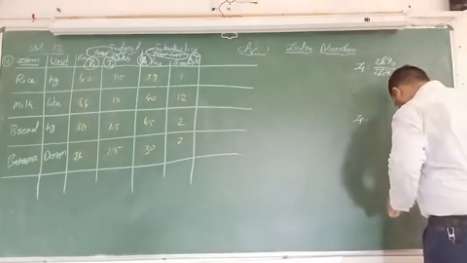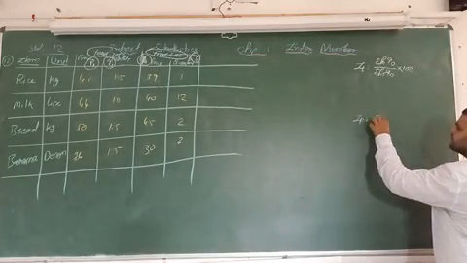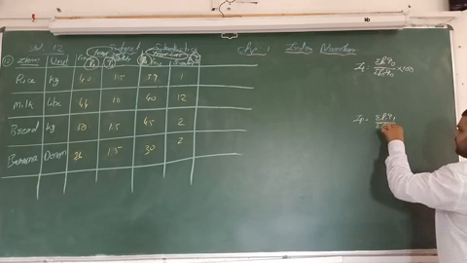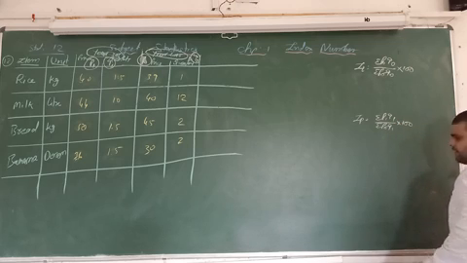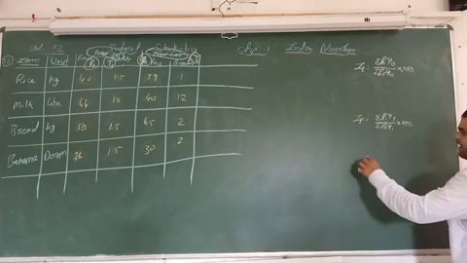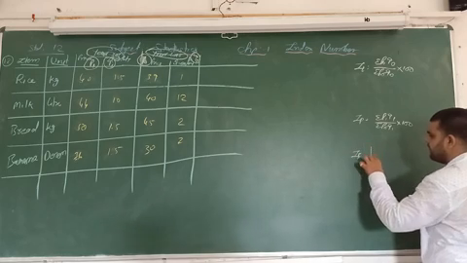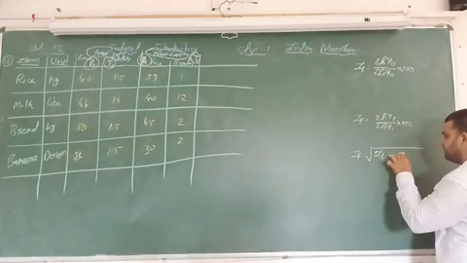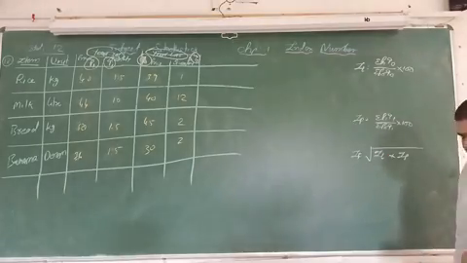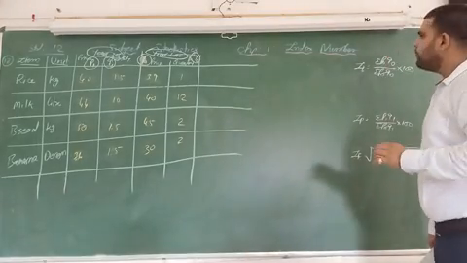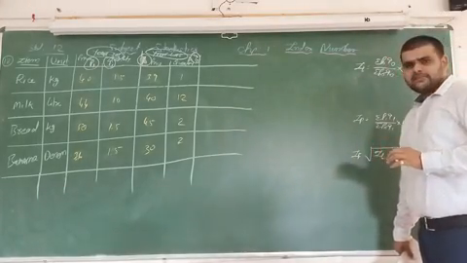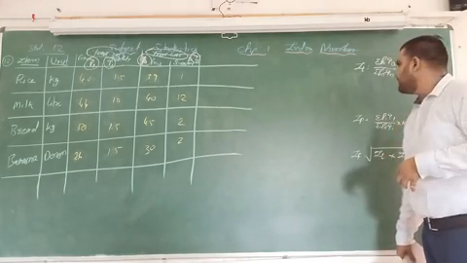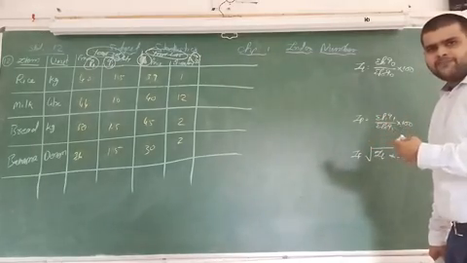Paasche IP equals sigma P1 Q1 over sigma P0 Q1 multiplied by 100. And last one, IF equals under root IL into IP. So now we have to find out two index numbers, and on the basis of those two we are going to find out the third index number, Fisher's.